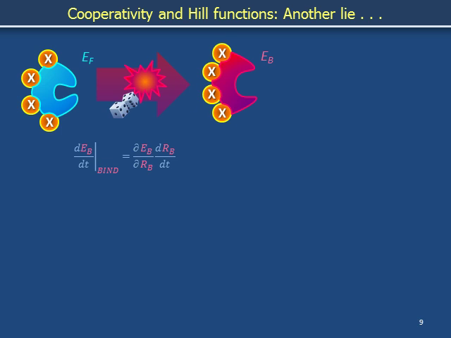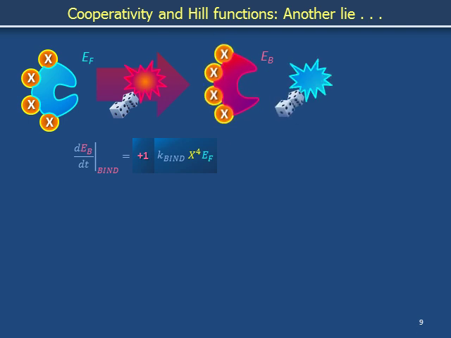For each binding reaction, we increase the number of bound enzymes by 1. From the law of mass action, the time rate of binding reactions is a proportionality coefficient K sub bind multiplied against 4 powers of the concentration of X, corresponding to the 4 copies of protein X, multiplied against E sub F.